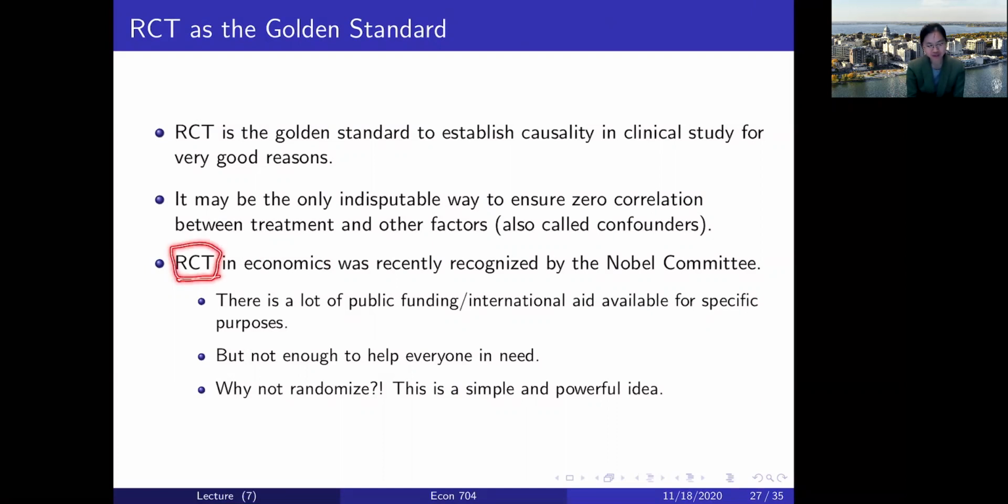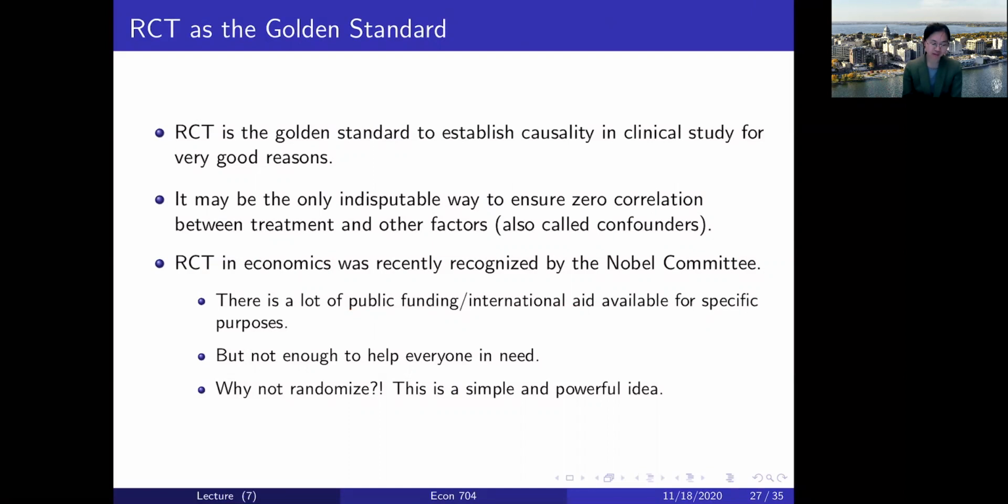RCT has received a lot of attention in recent years and has been done a lot in contexts where it can be done. And it was actually recognized by the Nobel Committee in 2019. The kind of RCT done in economics are typically related to public funding and international aid.